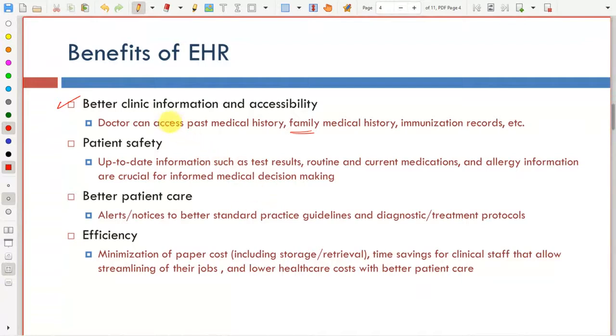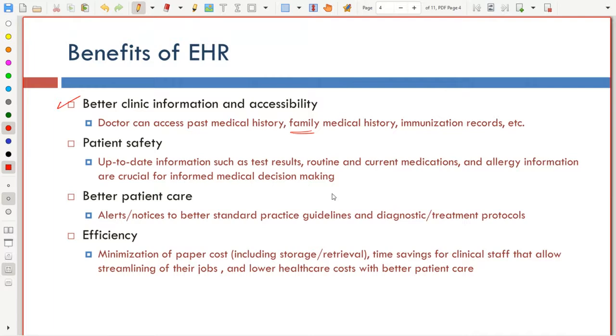So you have access to past medical history. You can also have access to the medical history of his or her family, because this is important in diagnosing some diseases or prescribing some diagnostic tests. For example, for women above a certain age, like 40, it's recommended to have a mammography every 2 to 3 years, so that you can prevent or detect early beginnings of breast cancer.